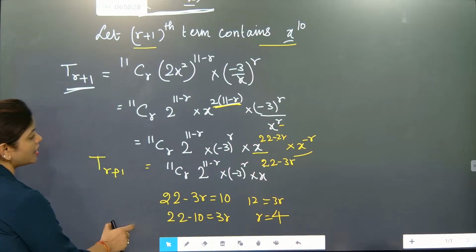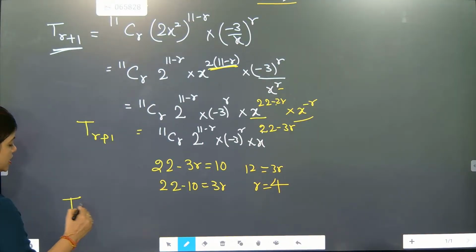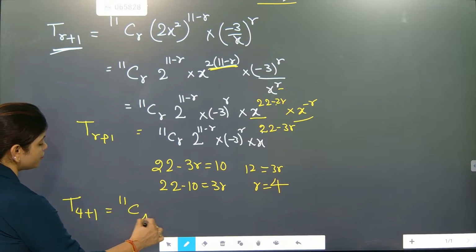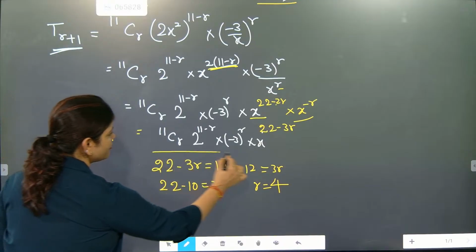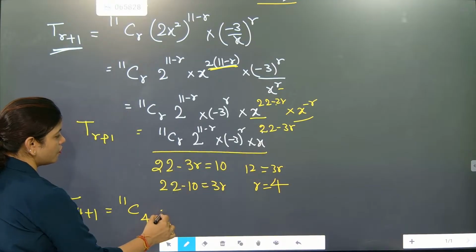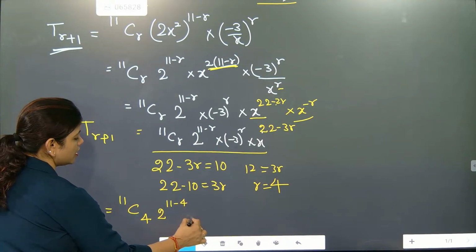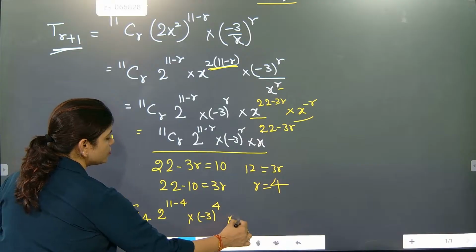Once you have written r as 4, that means 100% the 4 plus 1th term gives us the desired answer. So what is our expression? 11C4, and now we are going to write everything directly here: 11C4 2 to the power 11 minus 4 into minus 3 to the power 4 into x to the power.